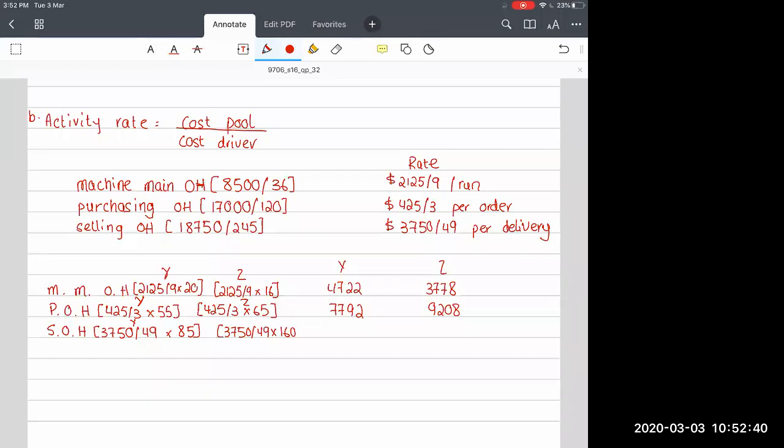So if we distribute this particular overheads between Y and Z, the amount comes to 6505 for Y and 12245 for Z.